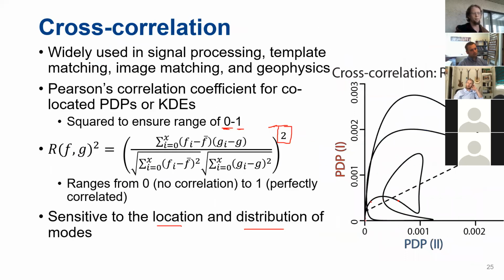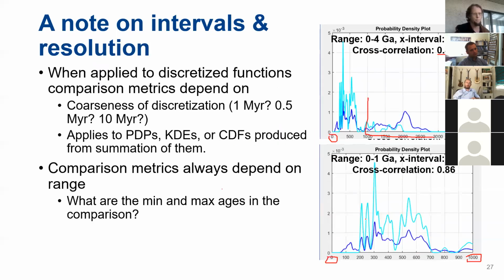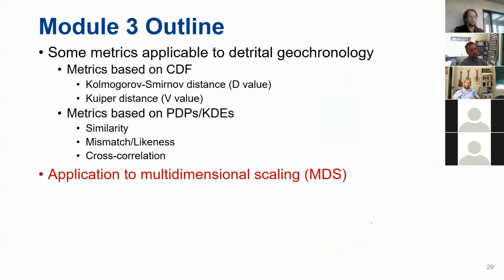Essentially, from 3,000 to 4,000 million years, you got a bunch of zeros just sitting down here, and it is influencing how well that line essentially fits that data, right? So you're artificially weighting the cross correlation coefficient by sort of forcing 1,000 data points that correlate perfectly. So age ranges can be a huge issue.